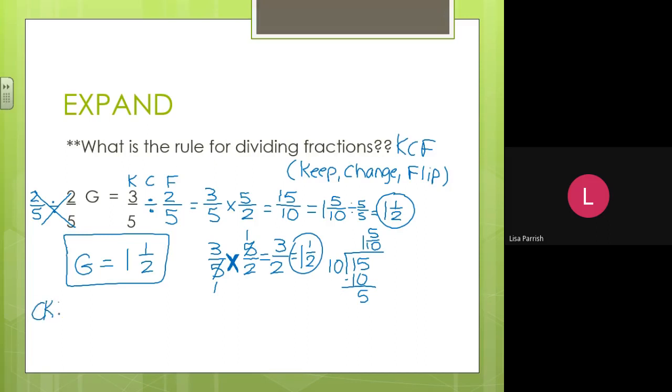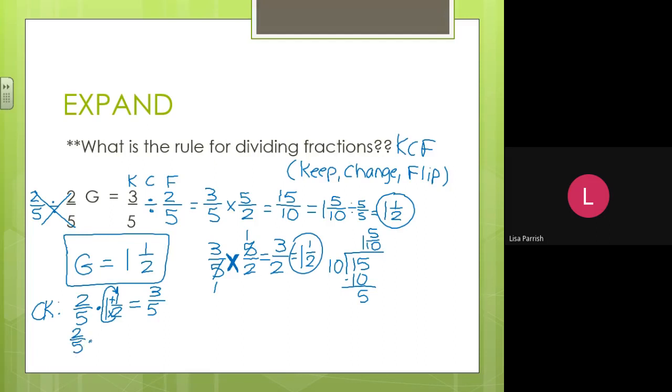Okay, so I'm going to plug 1 1/2 in for G. So I've got 2/5 times 1 1/2, and it's supposed to equal 3/5. Now it's a little more work to check these, because normally, multiplying fractions, you go straight across, but we have a mixed number, 1 1/2. So if you remember, if you have a mixed number, you have to do the backwards C and convert it to an improper fraction.